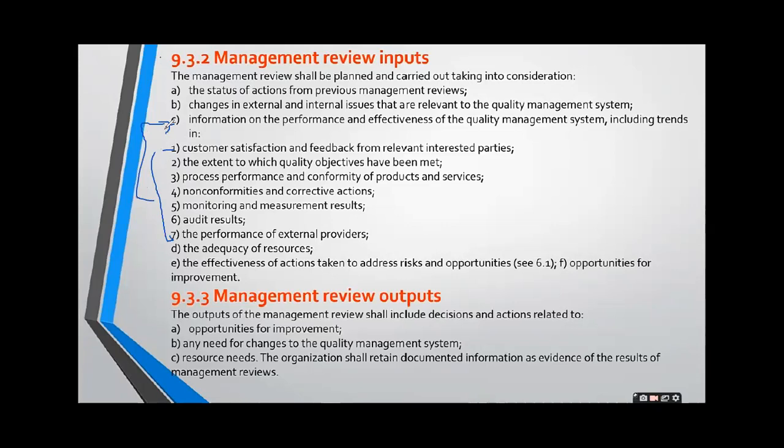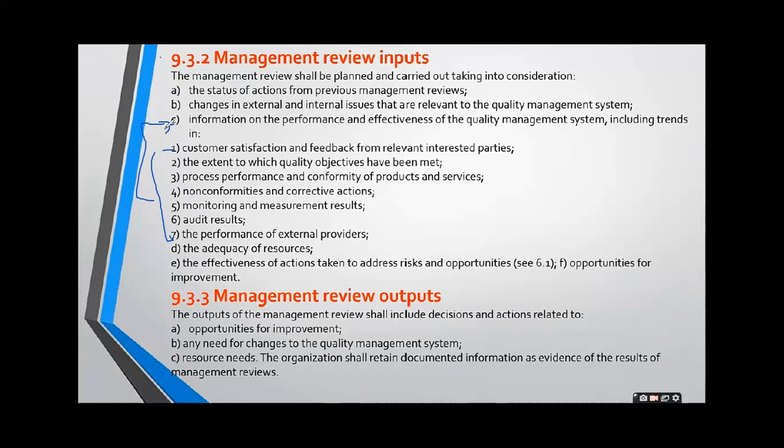So let's go one by one. The customer satisfaction and feedback is where you will gauge the customer sentiment and address any concerns and suggestions. You will go through the quality objective achievement. You will evaluate the progress towards the established quality goals. You will then move forward with the process performance and conformity.